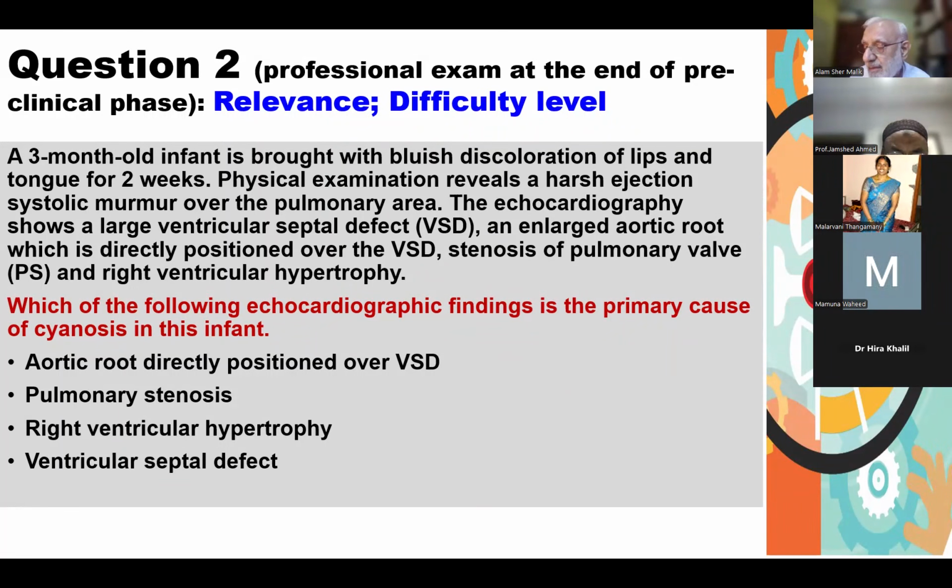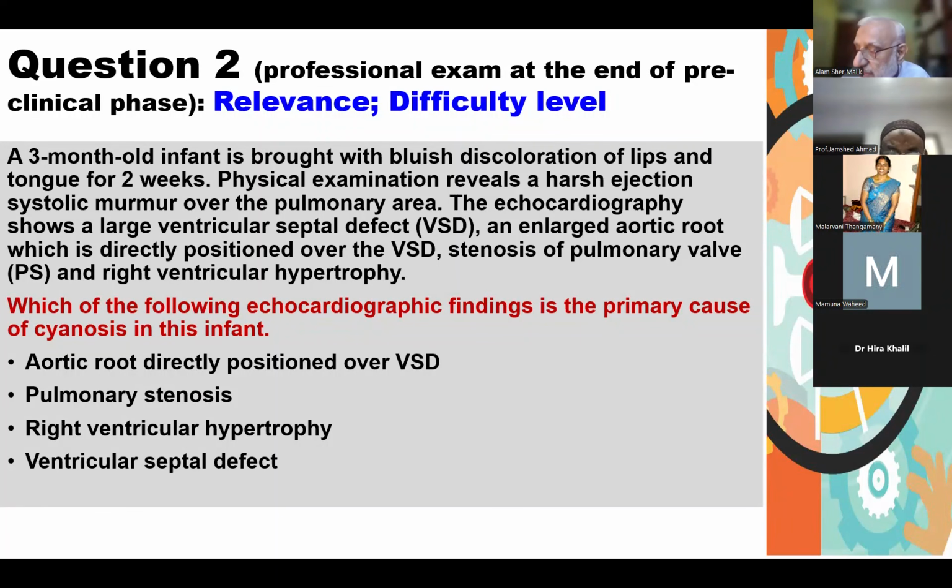Yeah, it's very essential to know the basics. Right, okay. Professor Jamshed, do you agree? I think it is important because it is not an emergency. Right. So you would put it at important.